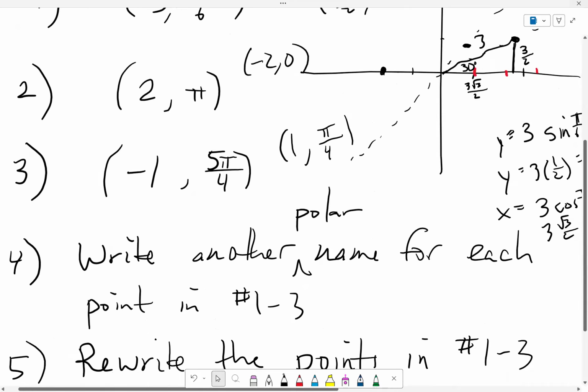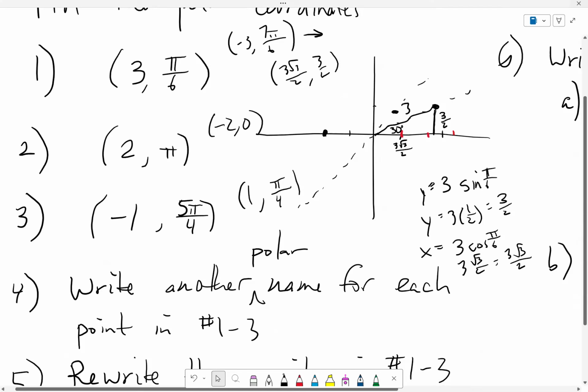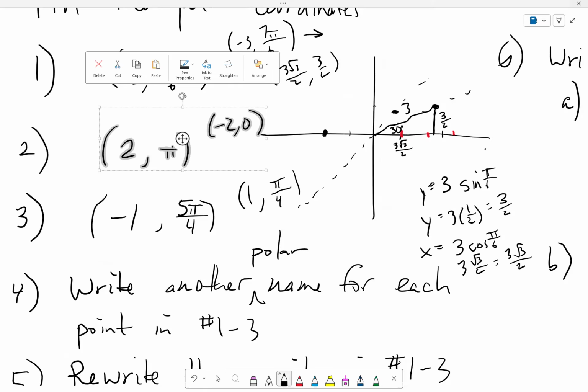The next one, rectangular for number 2, L. This is a toughie. For number 2. When you say the same way, what do you mean?